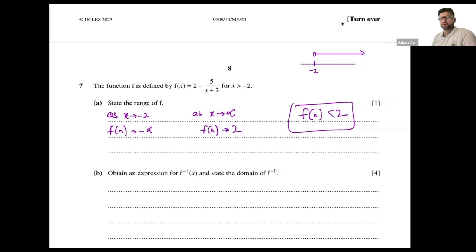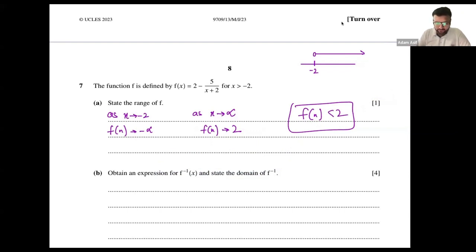Is the working for 7 part A clear? Good. Now, part B says, obtain an expression for f inverse and state the domain of the inverse function.